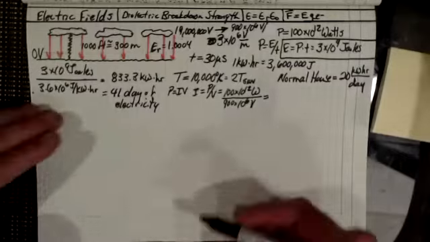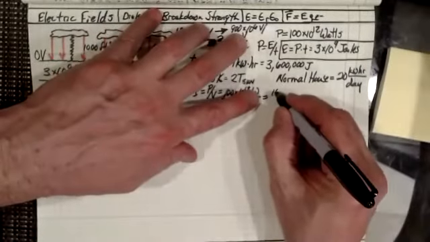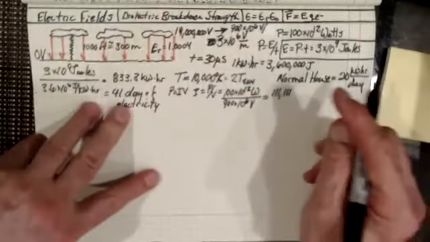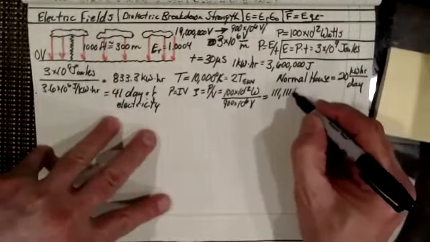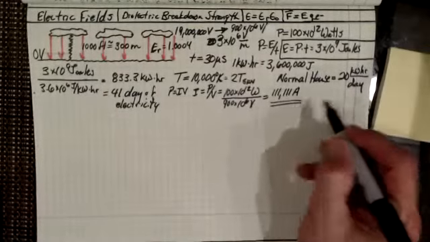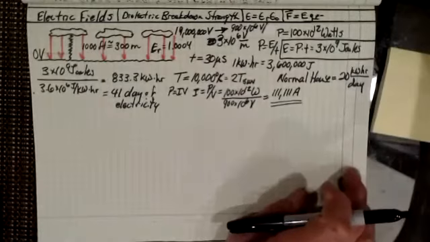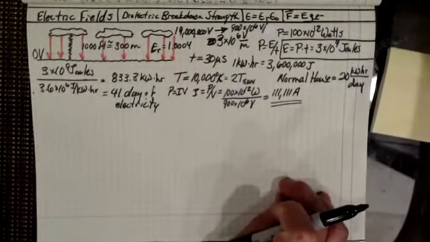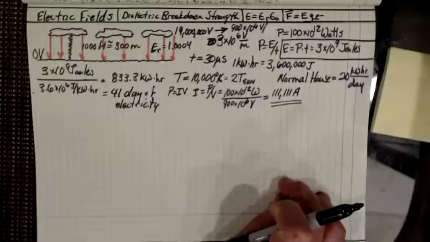That is 111,111 amps. So when a lightning bolt hits you, you have 100,000 amps running through you, or basically, I should say over you, because it's mainly running over you.